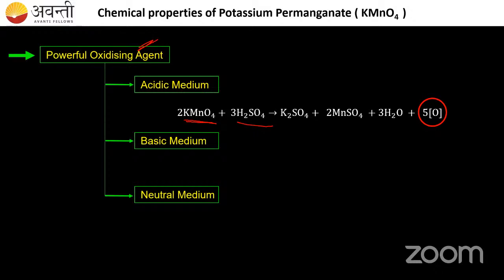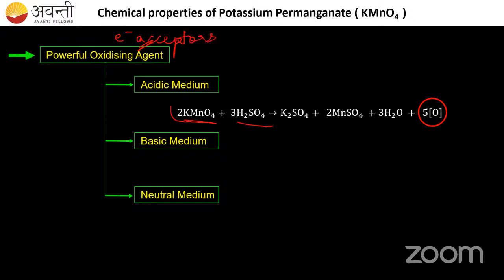Electron acceptors. Oxidation means loss of electrons; oxidizing agent means electron acceptors. Electron acceptors are called oxidizing agents.